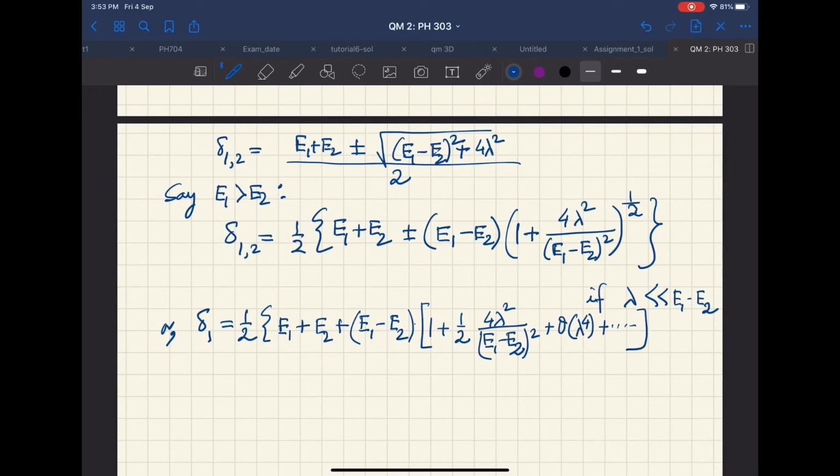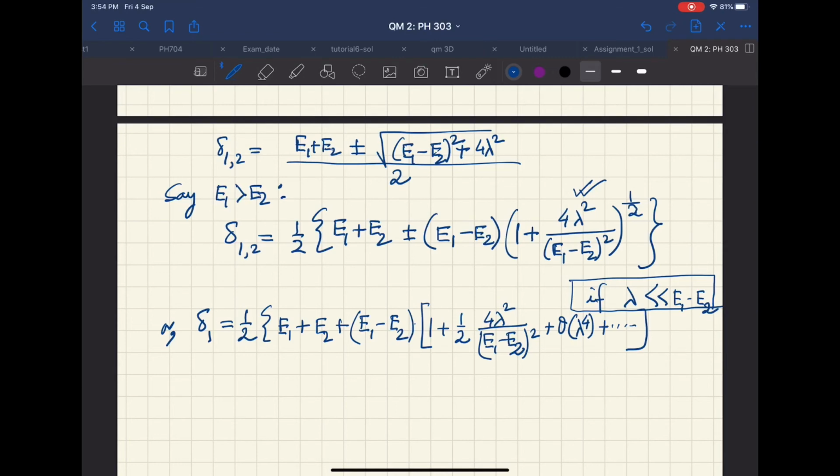What I did here is very easy to understand. I simply took this e1 minus e2 whole square as common outside the square root. Therefore we have here 1 plus 4 lambda square by (e1 minus e2) whole square to the power half. Then I assumed that lambda is even smaller than the difference between the two eigenvalues, e1 minus e2, and expanded this binomially.